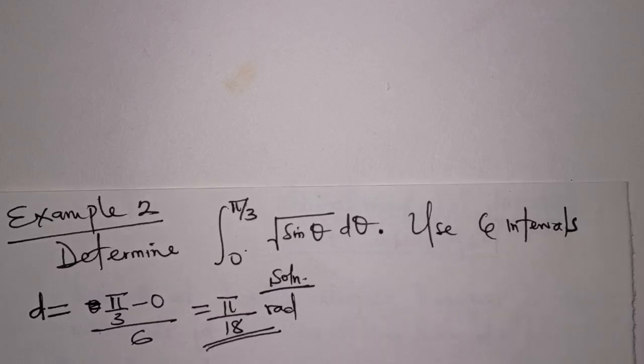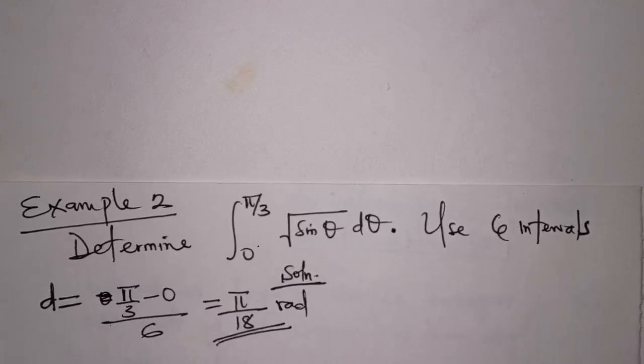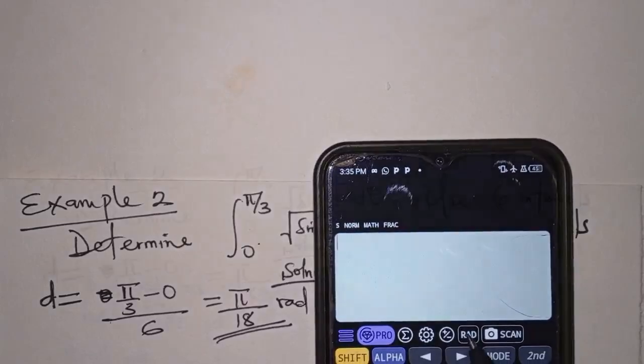When dealing with problems like this, the value is always in radians. So I will leave it in radians, and I'm going to set my calculator to radians. You can see it's in radians.